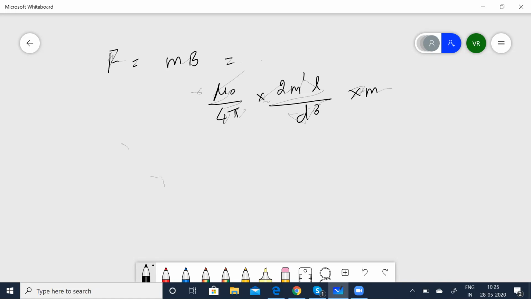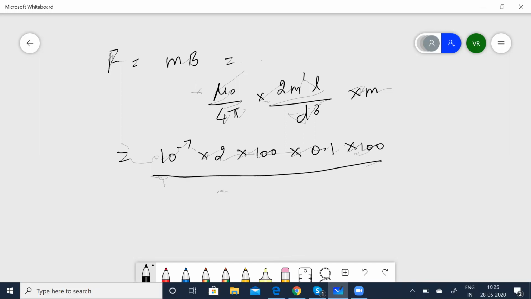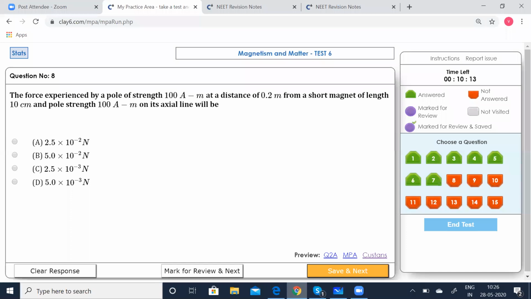Having known all the values, it's going to be direct substitution: 10 to the power of minus 7 into 2 into 100 into 0.1 into 100 divided by 8 into 10 to the power of minus 3. When you simplify, you get the value to be 2.5 into 10 to the power of minus 2 newtons. Let's see which option is correct. Option A is correct.